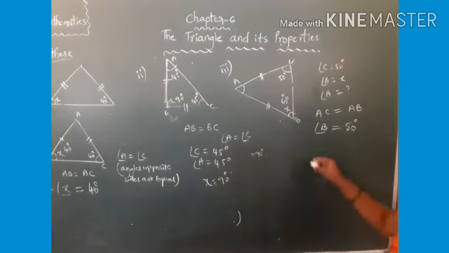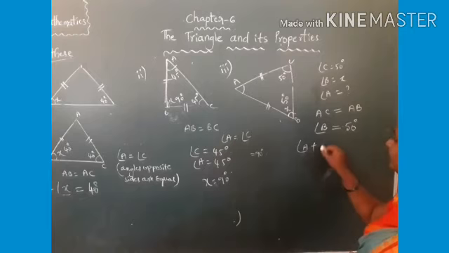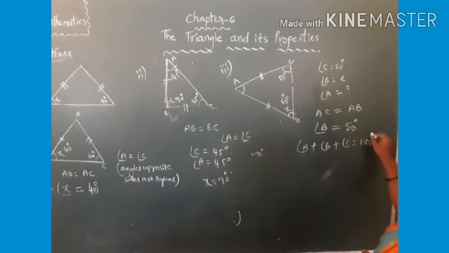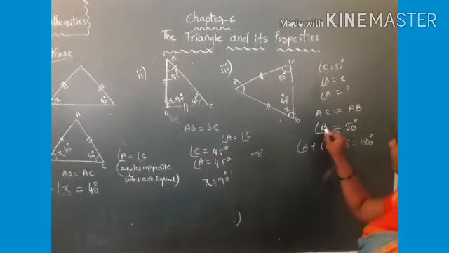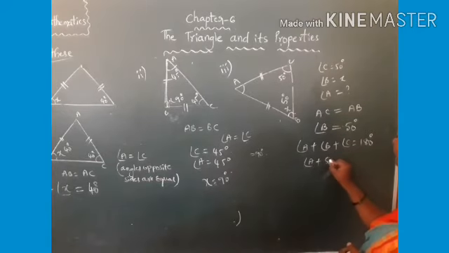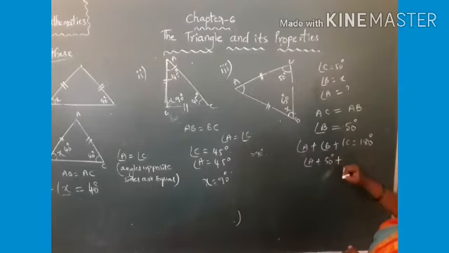You know that the sum of the angles of a triangle is 180 degrees. Angle A value you don't know, so angle A plus angle B, which is 50 degrees, plus angle C, which is 50 degrees, equals 180 degrees.